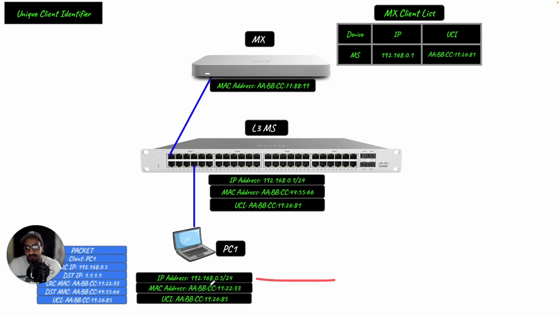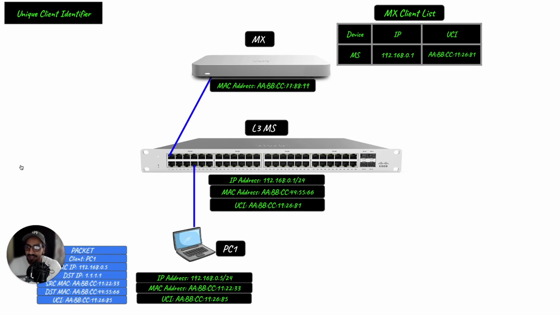First, let's explain what's going on. You'll have the IP address 192.168.0.5, the MAC address, and the UCI. The UCI is built from a mixture of a client's MAC address and the IP address. Here I've done an example. I'm not saying this is exactly how Meraki does it, but you'll have the MAC address of PC1 and then the IP address, shortened.